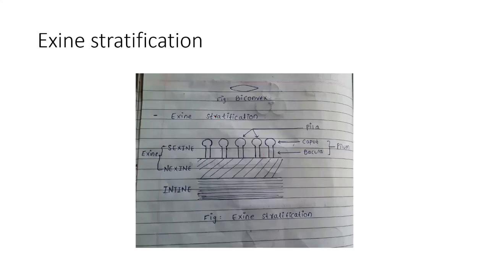Yes. So look at this diagram for exine stratification. In this particular diagram, you can make out the wall of the pollen grain which we discussed just now. Look at this. This is intine, which is further differentiated into N1, N2, and N3, but that is not shown over here.